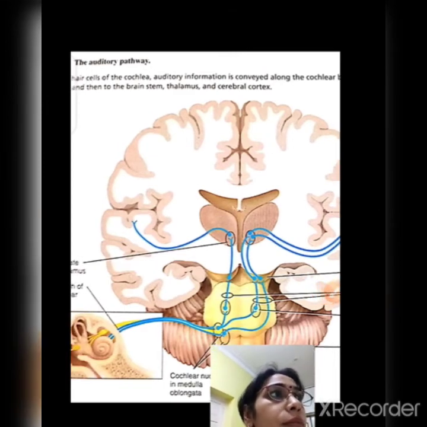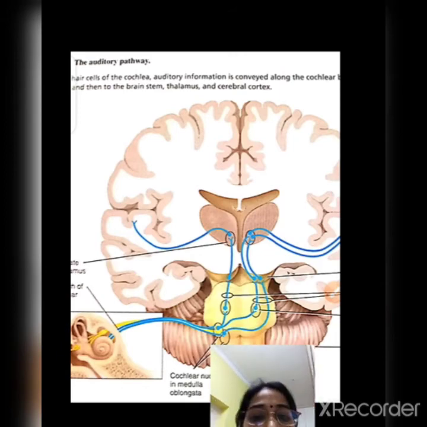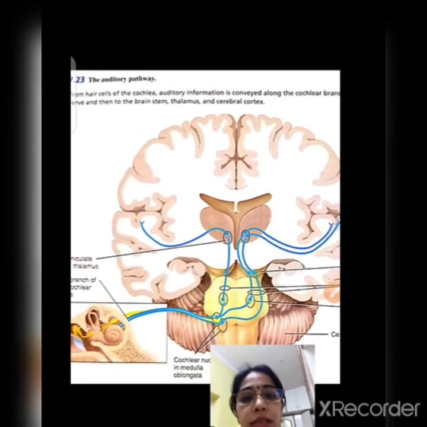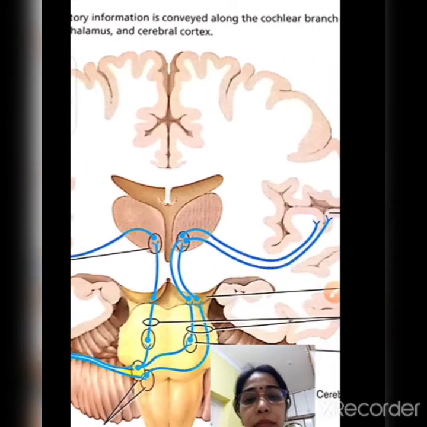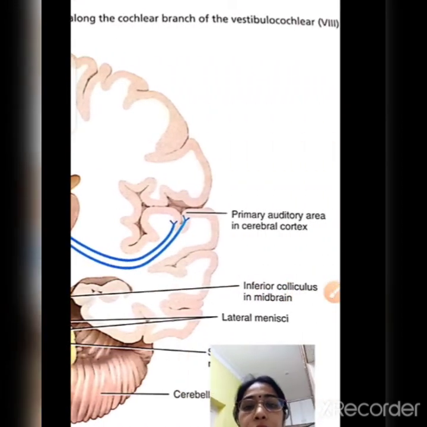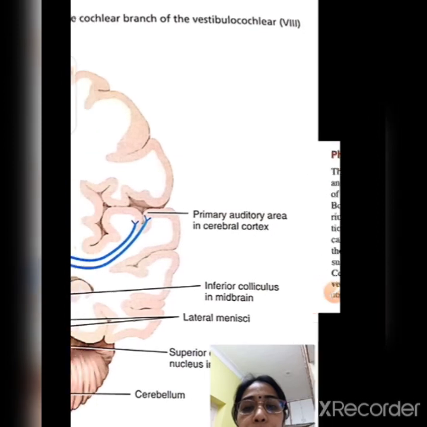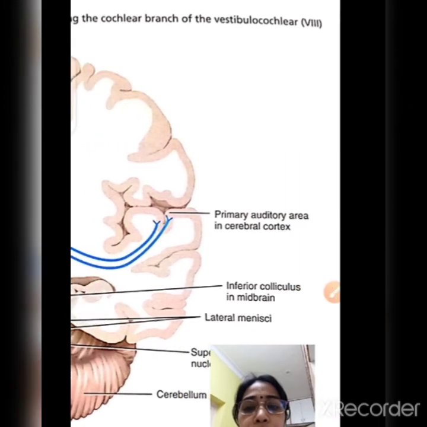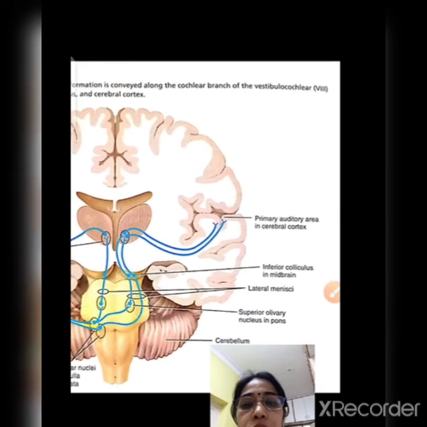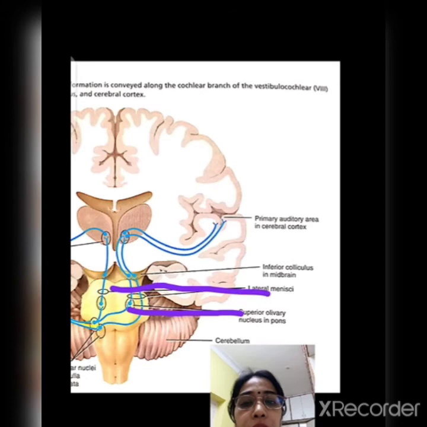Now, there are the various parts: the inferior colliculus in the midbrain, the lateral lemnisci, the superior olivary nucleus in the pons, and the cerebellum. You can see the superior olivary nucleus in the pons, the lateral lemnisci, and the inferior colliculus in the midbrain.